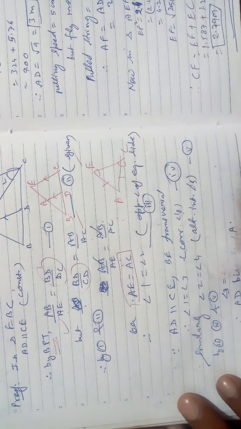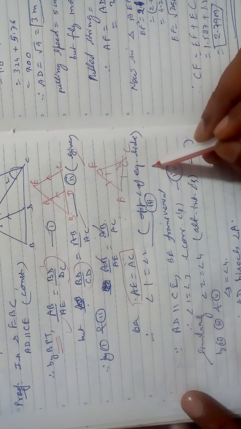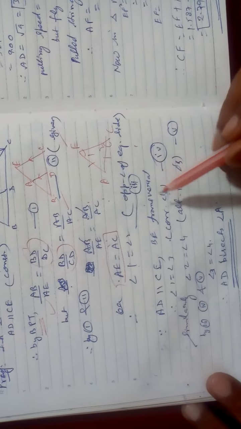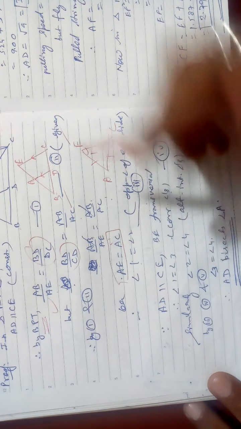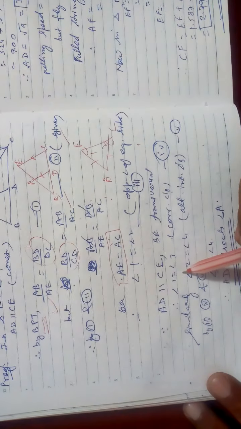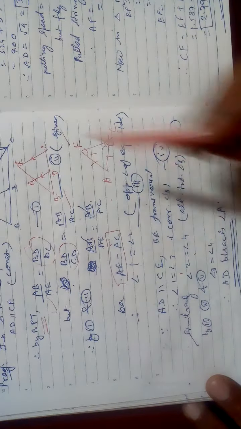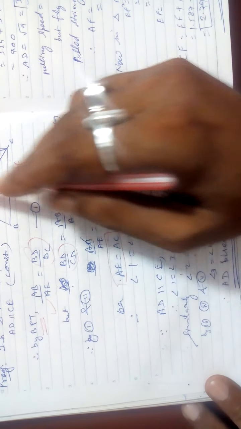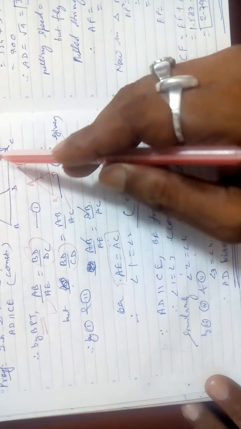Then what about these two angles? Angle 1 is equal to angle 2, by angles opposite to equal sides. There I proved the sides are equal; here I am proving the angles are equal. Now angles 1 and 3 are a pair of corresponding angles, and 2 and 4 are a pair of alternate interior angles. 1 equals 3, 2 equals 4, and 1 and 2 are already equal.